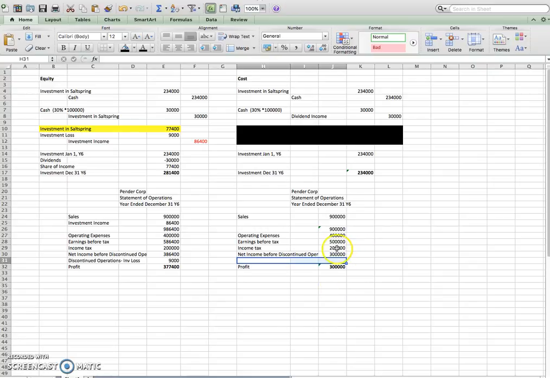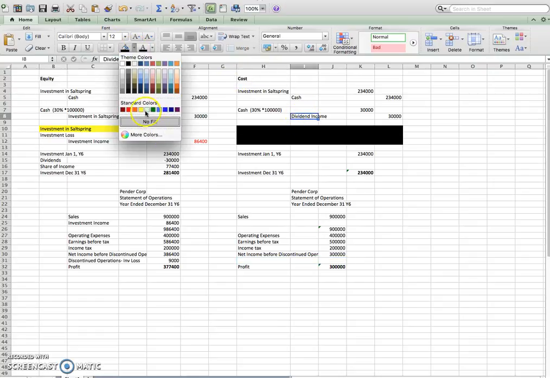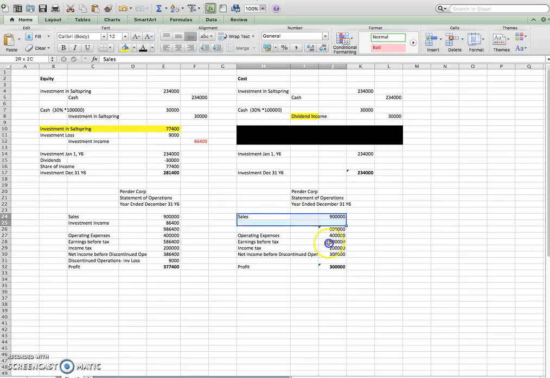Well, that's not right because we did have an extra transaction up here that hasn't been recorded in our statement of operations. So instead of having investment income, let's go and record our dividend income. It's of 30,000. That is it, folks. That's the difference between our equity and our cost.